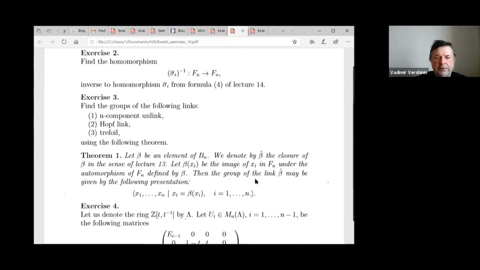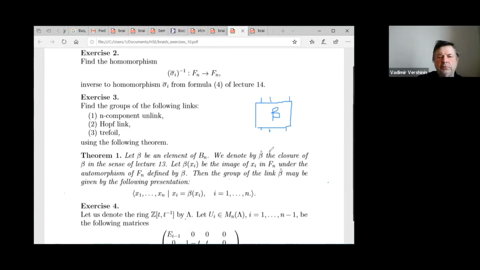We can depict it, as Natalia asked to depict it, the following way. Let in the box there be a braid, right? And there are strands that are growing here.